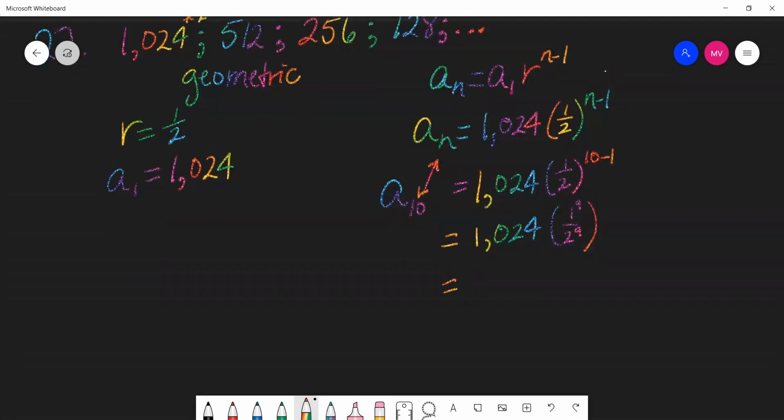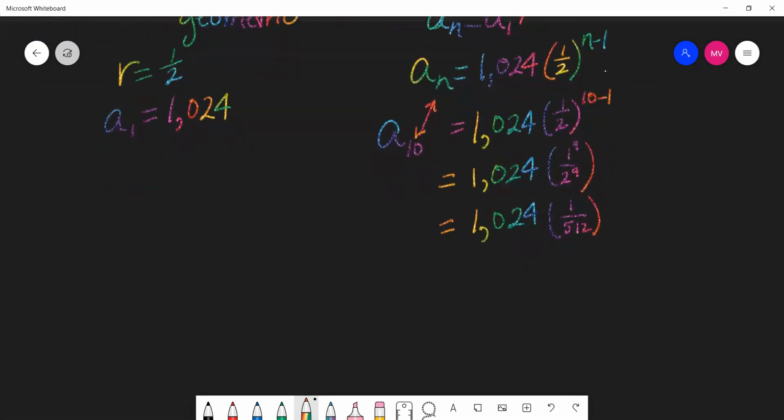So let's simplify. That's 1024. And 1 times 1 times 1, it doesn't matter how many times you multiply 1 times 1, you always have 1. And then 2 to the power of 9 is 512.